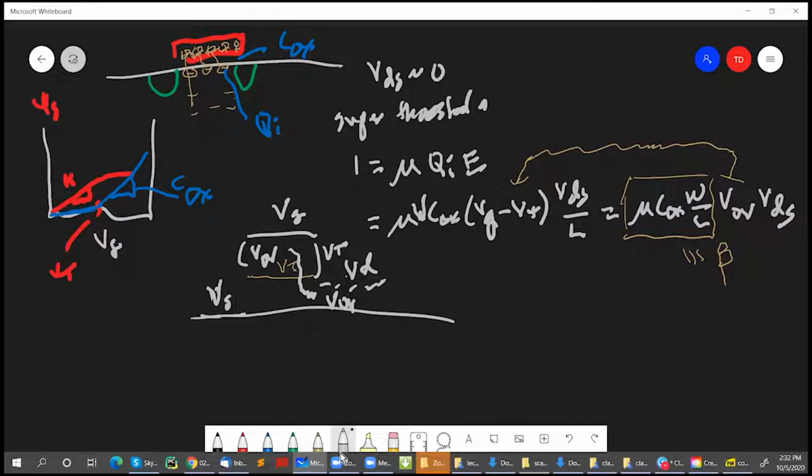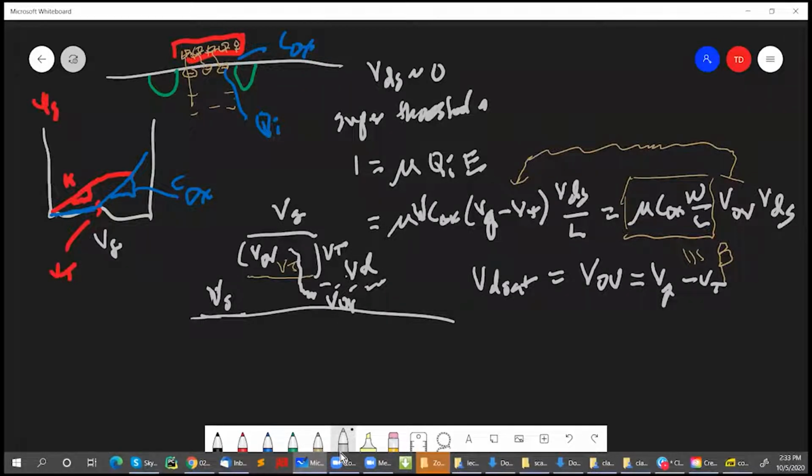So anytime the drain voltage is higher than the overdrive, the channel won't be inverted anymore. It won't be above threshold. Okay, so that tells you that the VD sat, the V drain sat above threshold is equal to the overdrive, which is the amount that you're driving the transistor above threshold.